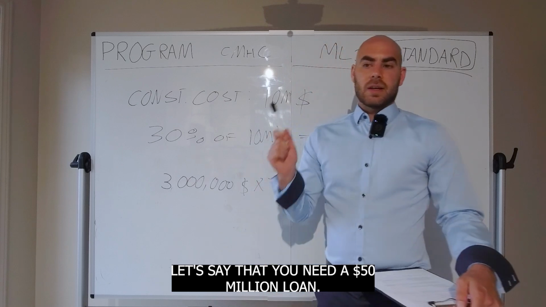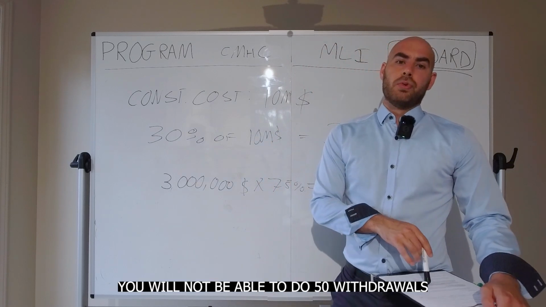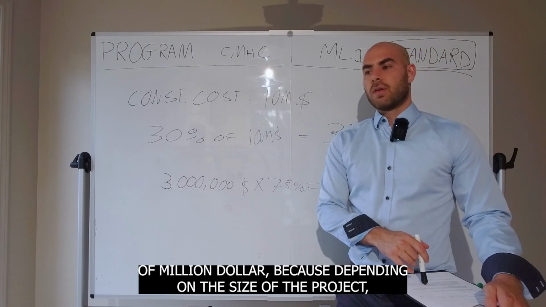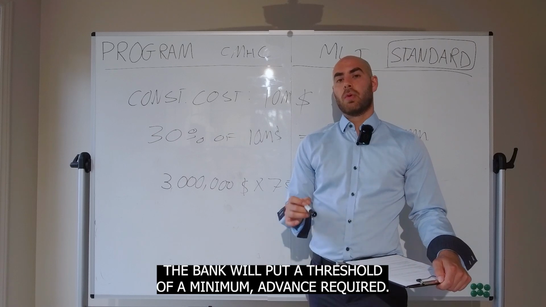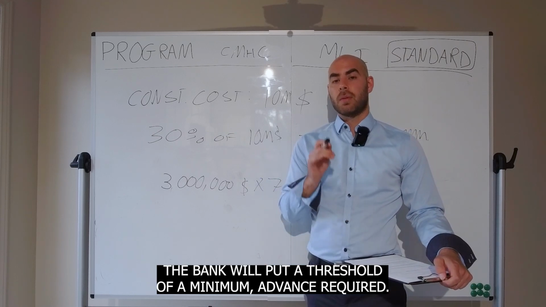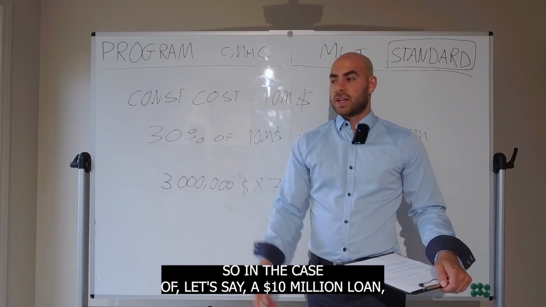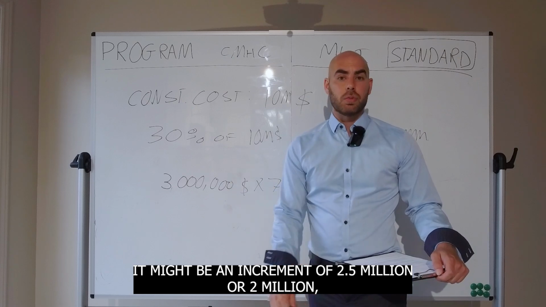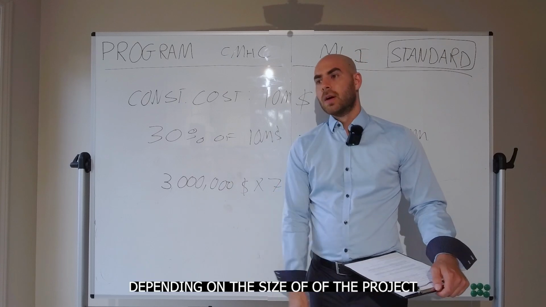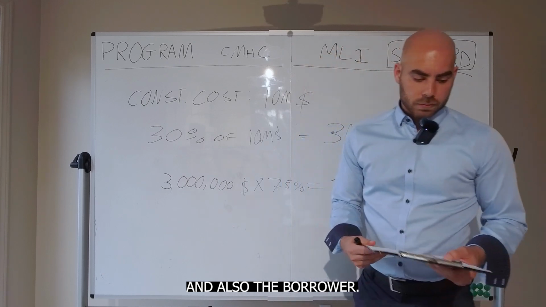Let's say that you need a $50 million loan. You will not be able to do 50 withdrawals of $1 million, because depending on the size of the project, the bank will put a threshold of a minimum advance required. So in the case of, let's say, a $10 million loan, it might be an increment of 2.5 million or 2 million, depending on the size of the project and also the borrower.